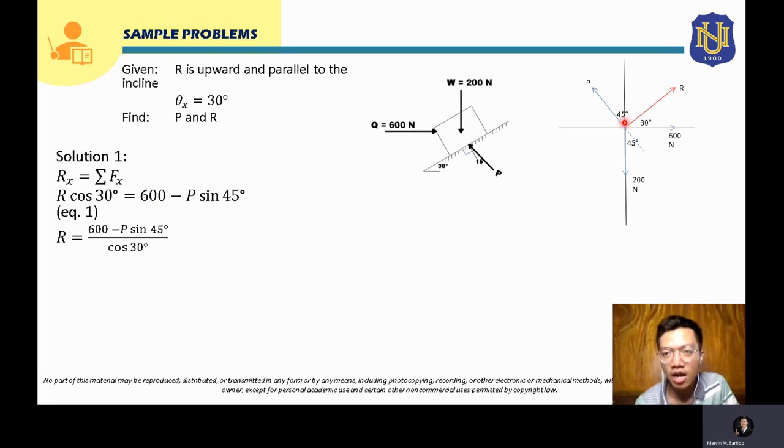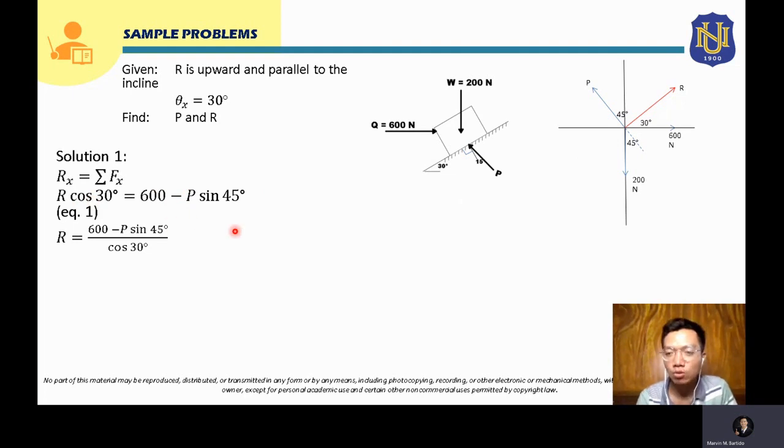And you have here force P. What you're going to get here is the horizontal component, which will be the opposite side of this triangle. So it will be P sine, since opposite over hypotenuse, P sine 45. Since it is directed to the left, it will be negative, that's why it's negative P sine 45 here. Now that will be your equation 1.